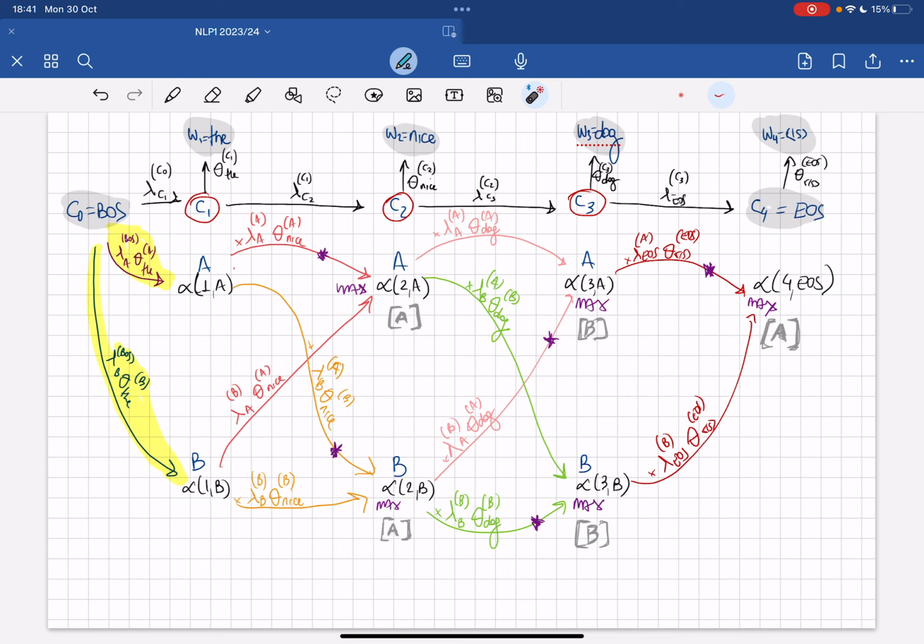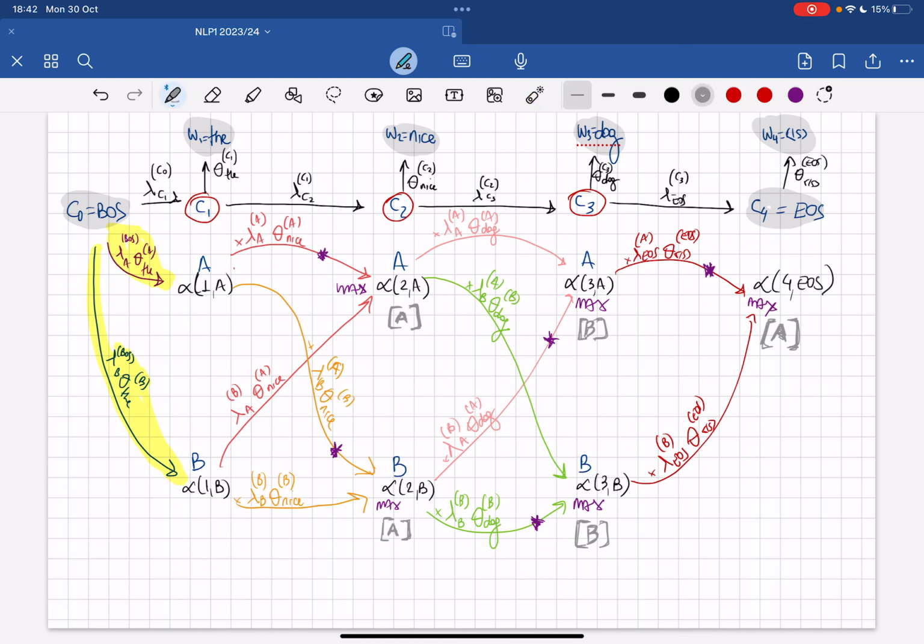So what do we get here? Well, this value is exactly the joint probability of the best tag sequence measured in probability.